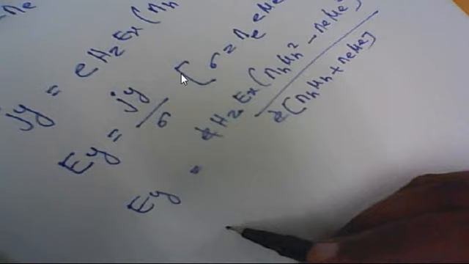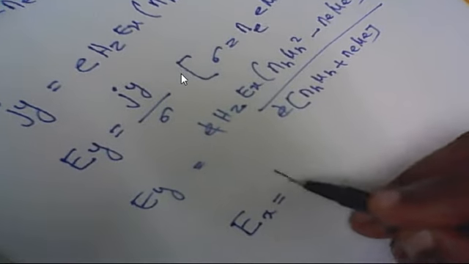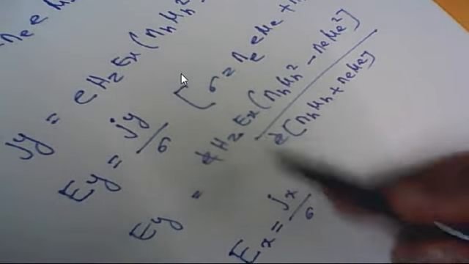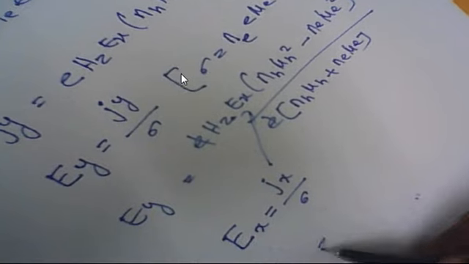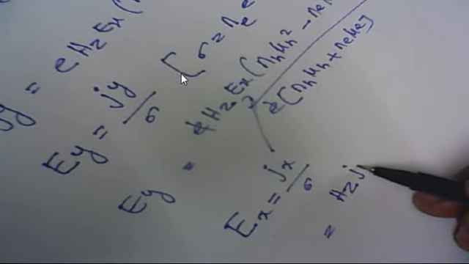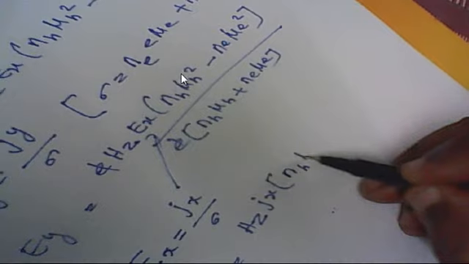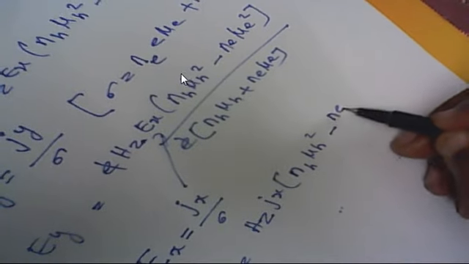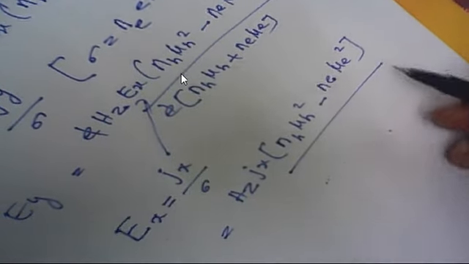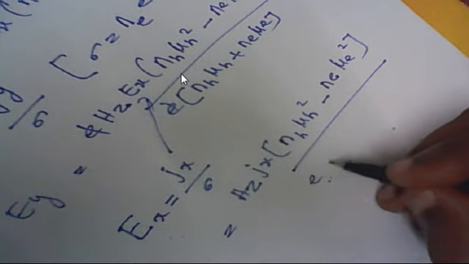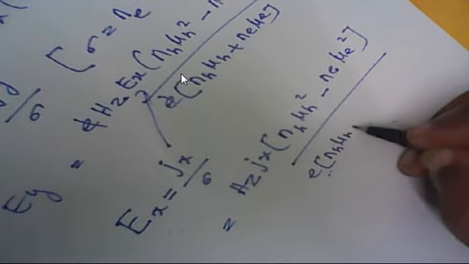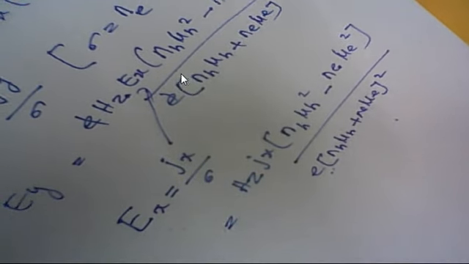Once again, Ex is equal to Jx by sigma. So substituting the value here instead of Ex, we get an expression Hz Jx into (N_H μ_H² minus N_e μ_e²) divided by e (N_H μ_H plus N_e μ_e) whole square. So this is an expression for Ey.